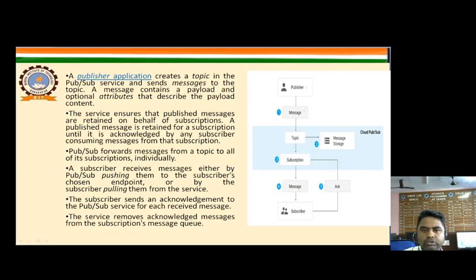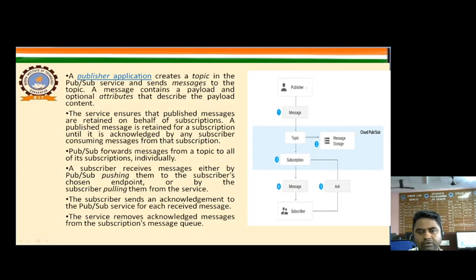The service ensures that published messages are retained on behalf of subscriptions. A published message is retained for a subscription until it is acknowledged by any subscriber consuming messages from that subscription.